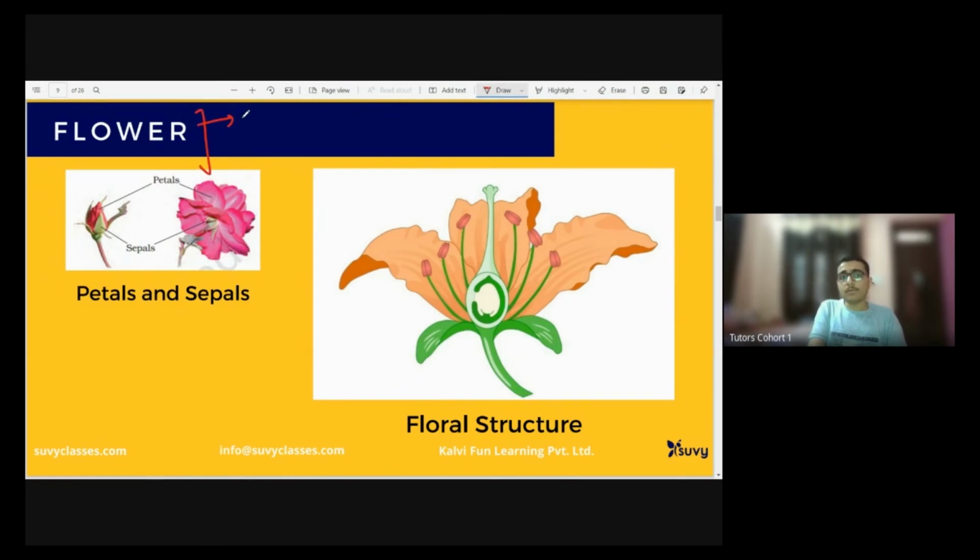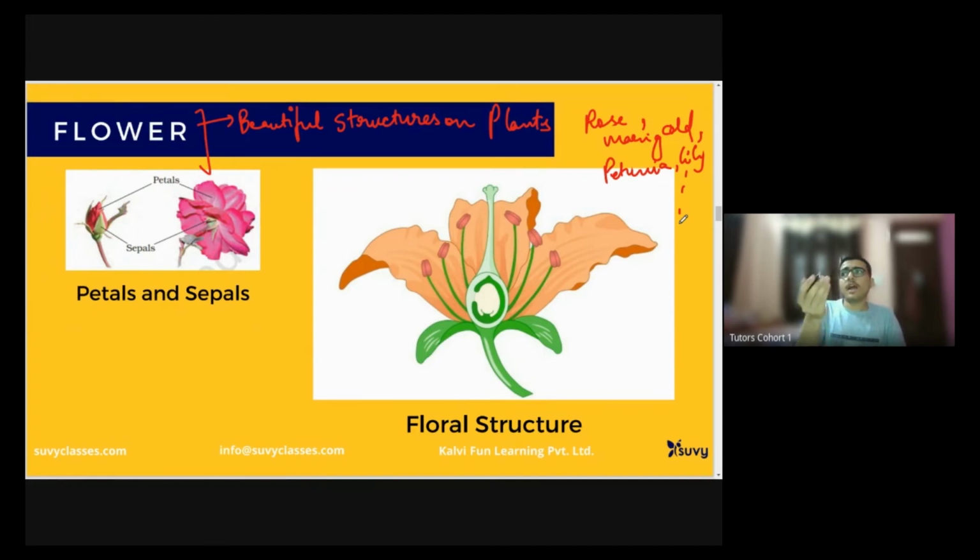You might have seen very beautiful structures on plants, for example rose, marigold, petunia, lily, jasmine, daisy, and there are n number of plants if I go on counting.